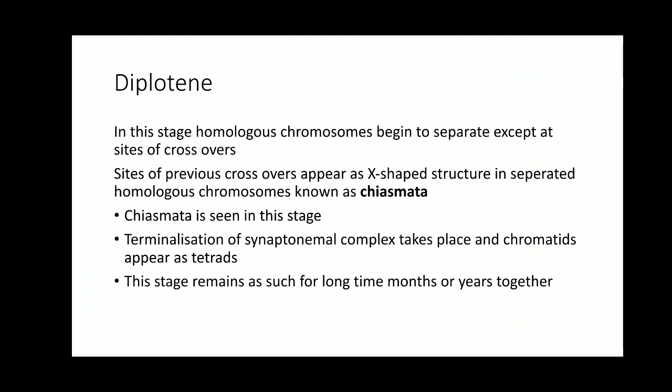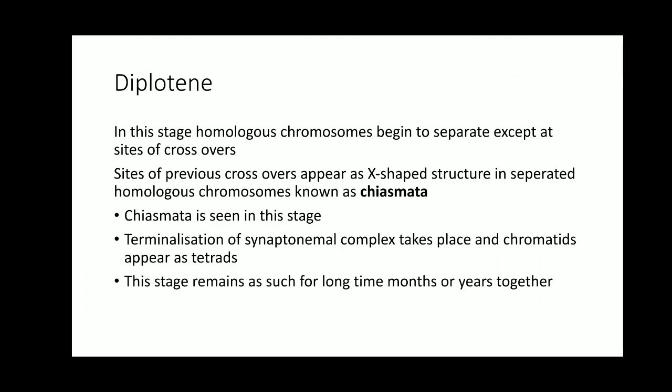The pair of homologous chromosomes try to separate from one another, but they still remain intact at the sites of the crossovers, and the sites of these previous crossovers resemble X-shaped structures which are known as chiasmata.